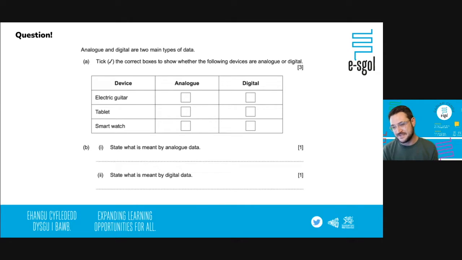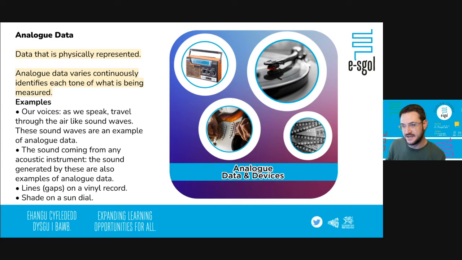Okay, the next questions, we got 2 1-mark questions here, which ask kind of the opposite ends of what we've just been looking at. The first one, B1, state what's meant by analog data. Now, what do WJEC want you to say there? Well, I've given you the answer. It's highlighted on our very first slide. Analog data is data that is physically represented.